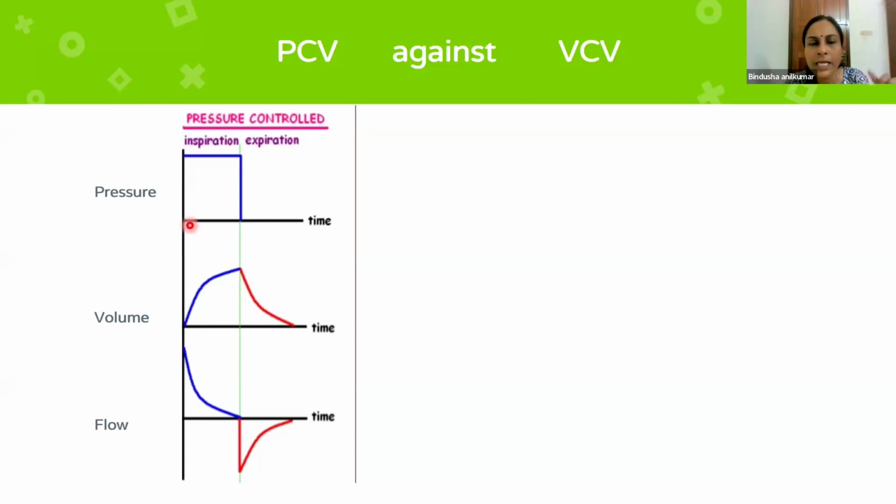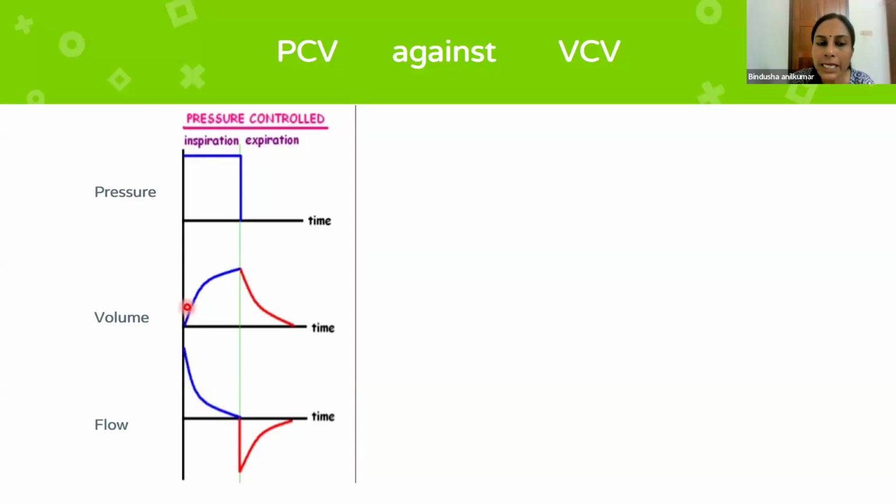From that, the ventilator has to rapidly increase the pressure from 5 or 6 to 15 or 16, so it has to give a very high flow at the beginning of the inspiration. But once this pressure is attained, the pressure only has to be maintained, so the flow decreases during the inspiratory time. So it has a decelerating flow pattern.